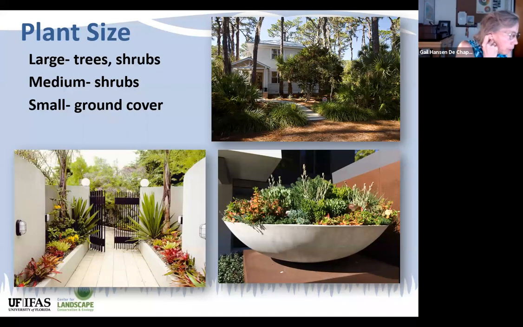I put the photo in the bottom left there because you want to think about size in relation to the space where you're putting the plants. This is a good example of the latest home security device. You can see this plant that appears to have some very sharp, pointed leaves sticking out right in the middle of the entry walkway into the house.